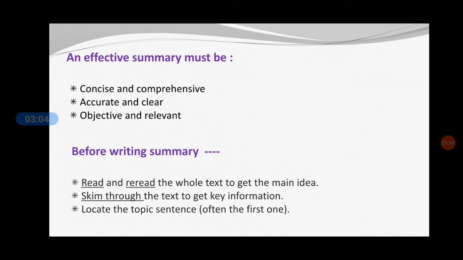An effective summary has some basic characteristics. So to write an effective summary, you have to follow some rules, and you also have to know what the characteristics of an effective summary are. An effective summary must be concise and comprehensive. It must be accurate and clear, and it must be objective and relevant.